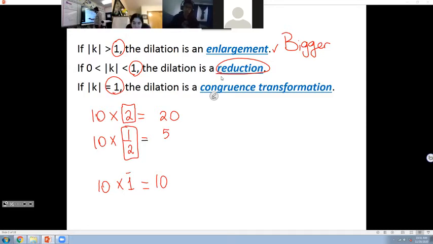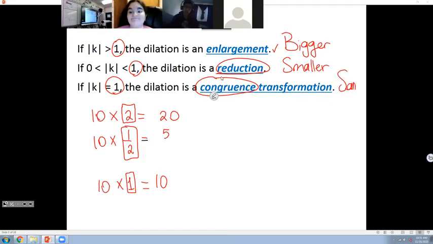Now, you see that it is 1, and this is also 1, and I got exactly the same amount of money. It is called congruence transformation. All right, reduction means smaller, but congruence means the same.